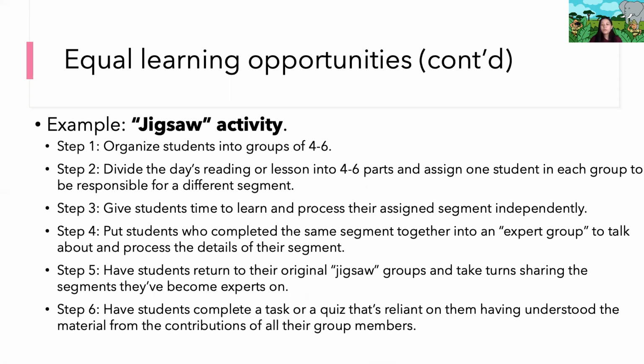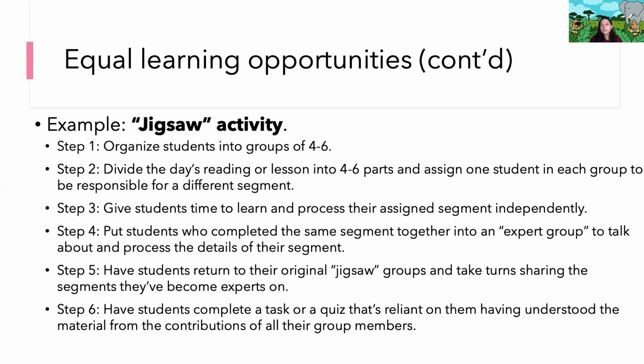Next, the teacher puts students who completed the same segment together into an expert group to talk about and process the details of their segment, so that the students can collaborate and interact with each other. After this step, the teacher will have students return to their original jigsaw groups and take turns sharing the segment they've become experts on.